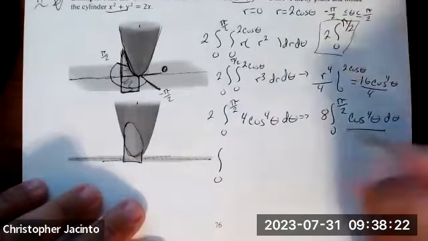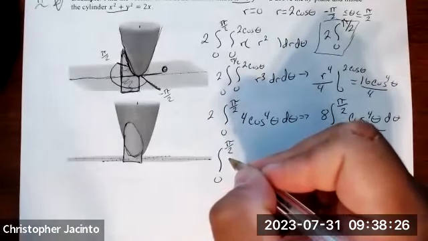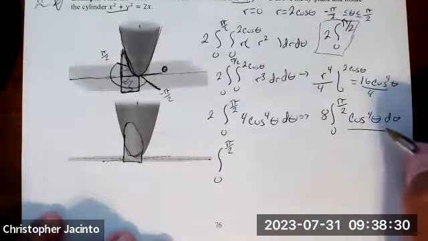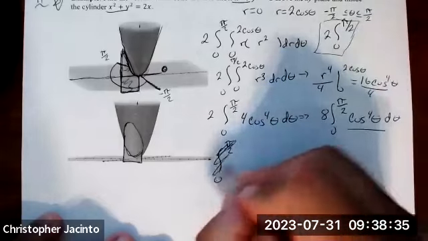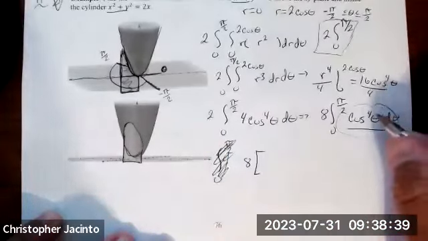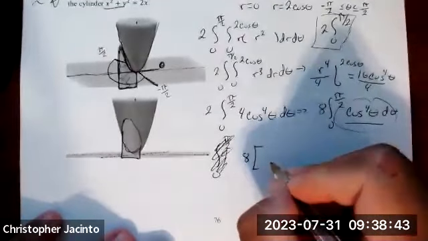So I'm just going to rewrite this whole thing to make it easier for what we're about to do. So 8 on the outside. Integral of all this using a u substitution and a trig portion gives us this.